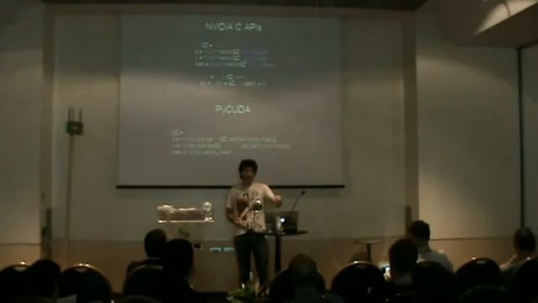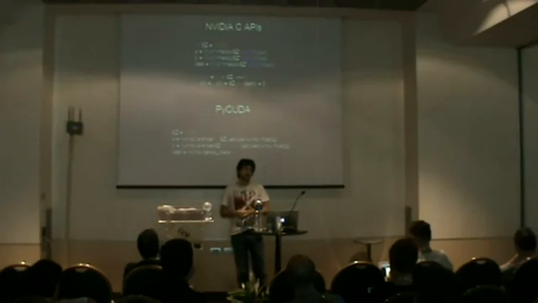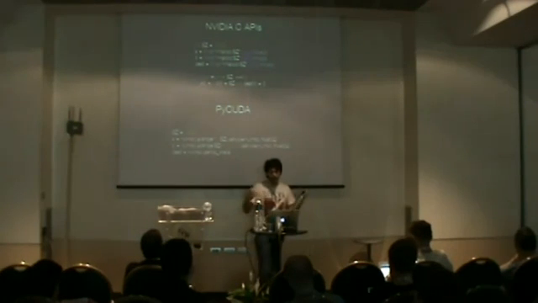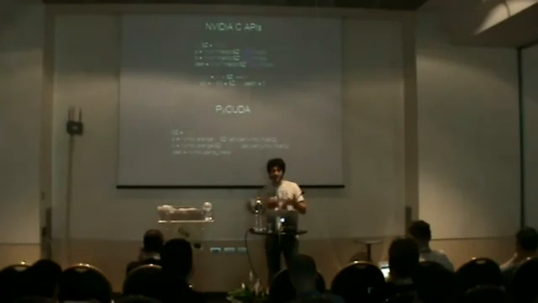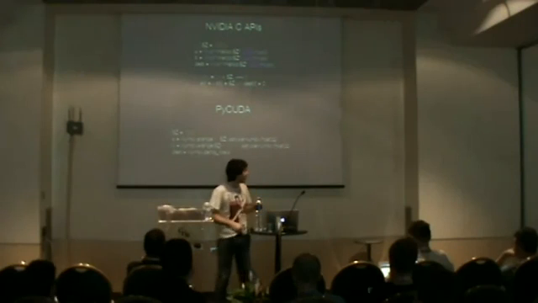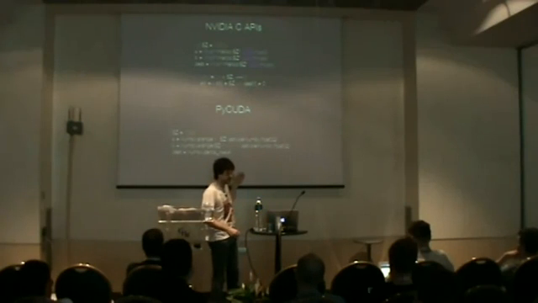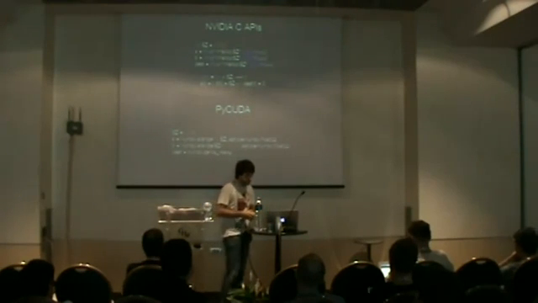In this slide, we are just declaring our arrays. We do a simple malloc in the NVIDIA CAPI program, and we use NumPy for the PyCUDA program. It's quite simple.